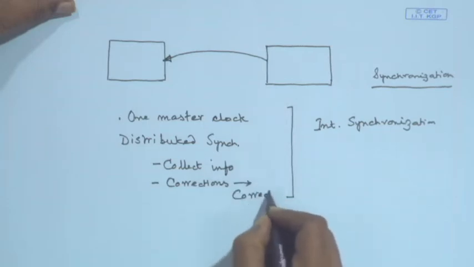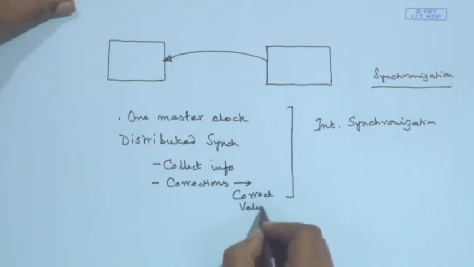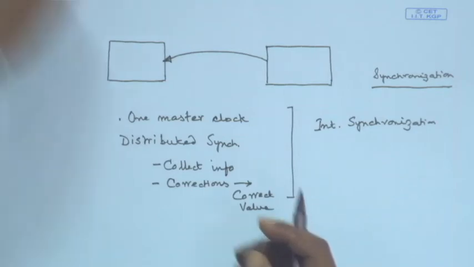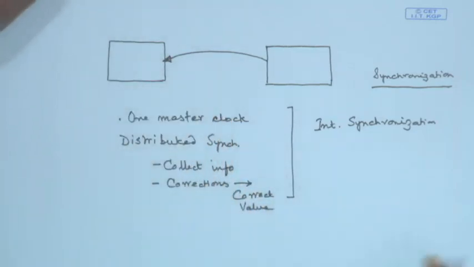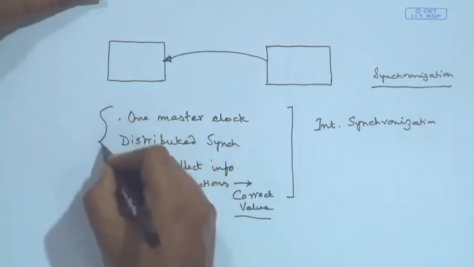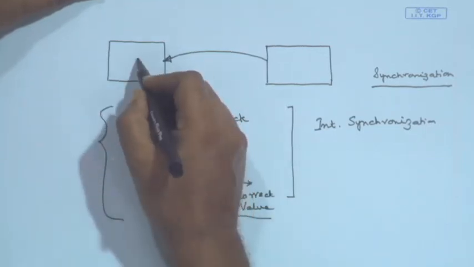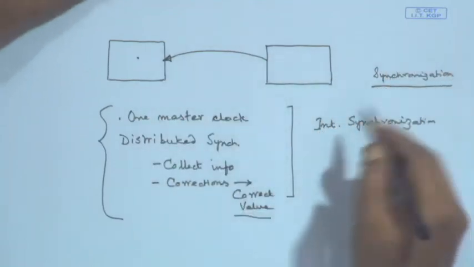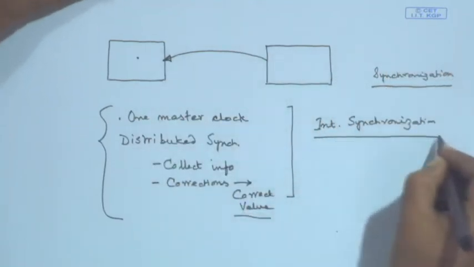Okay. So, that means if I want to check my time, I ask you what is the time, and accordingly I adjust my time, and we set the correct value. That is how we do internal synchronization. So, for example, this process will seek the time from here and will correct itself.